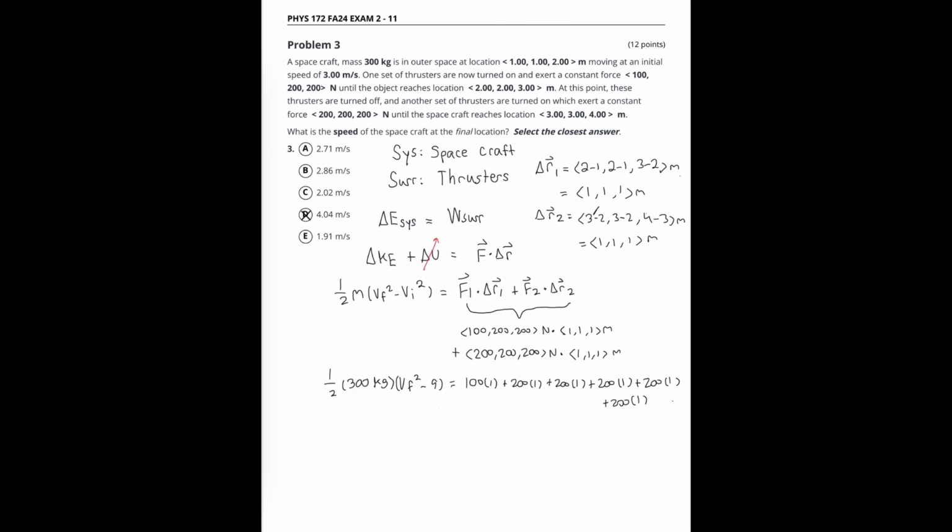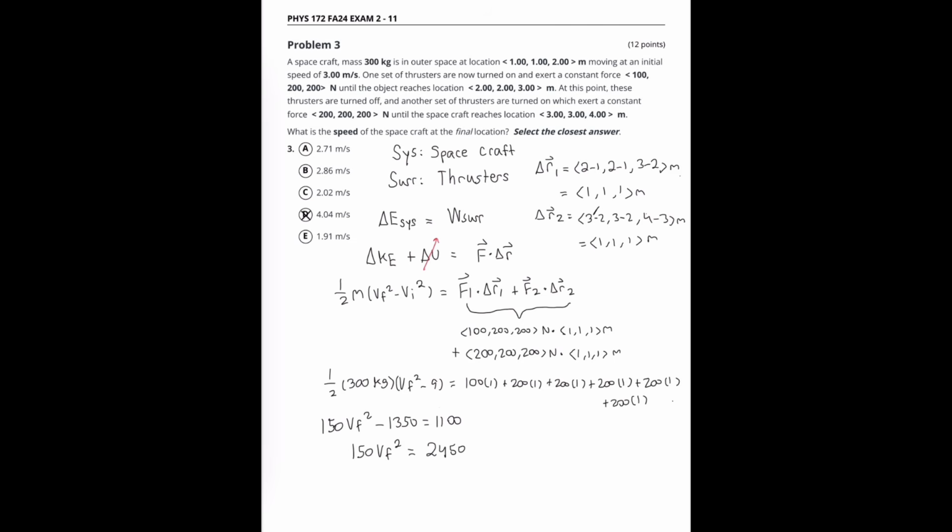So we have from that 150 VF squared minus 1,350 is equal to 1,100. So we have 150 VF squared is equal to 2,450.